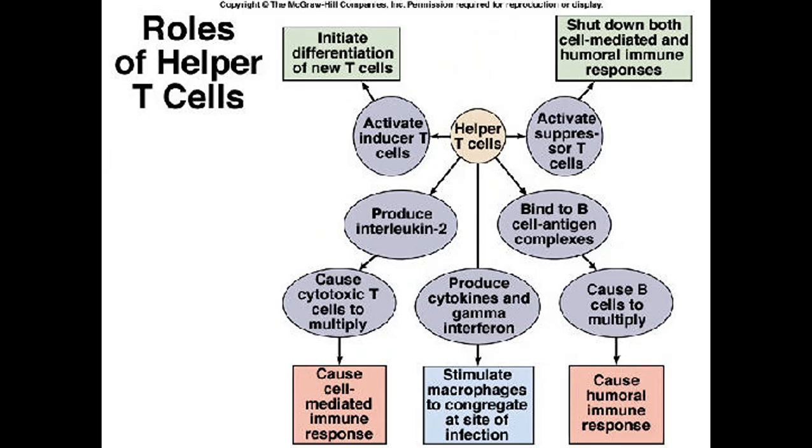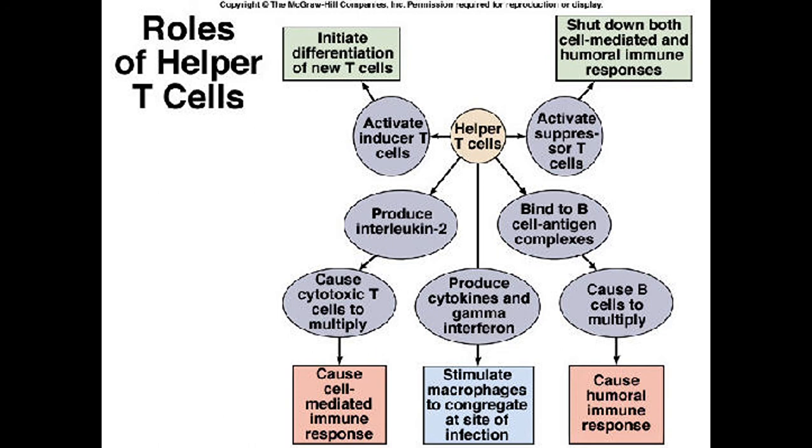We have here the roles of helper T cells. So it could either activate inducer T cells that will initiate differentiation of new T cells, or it can activate suppressor T cells that will shut down cell-mediated and humoral immune responses.